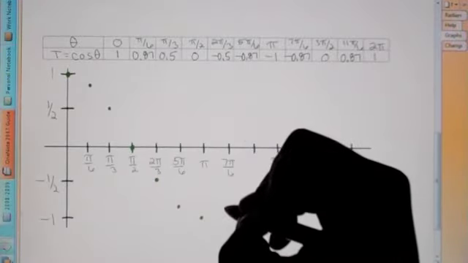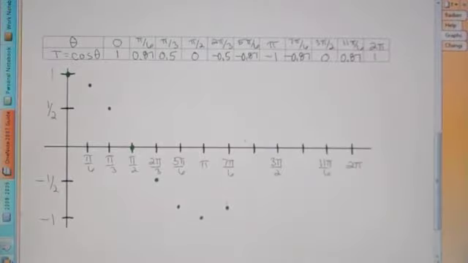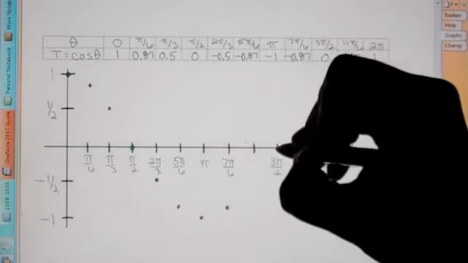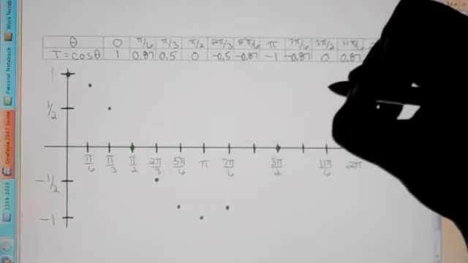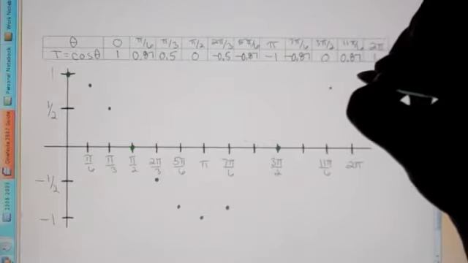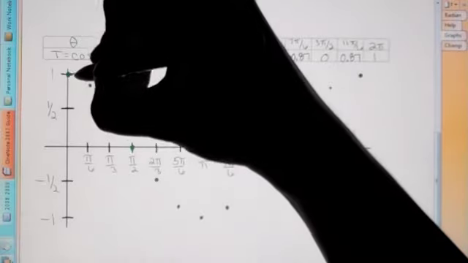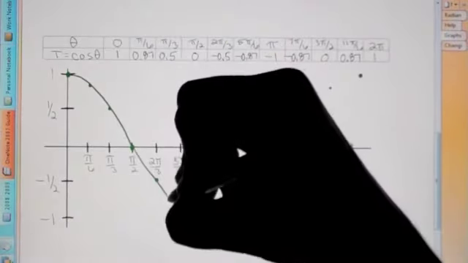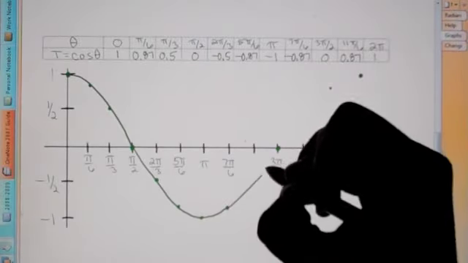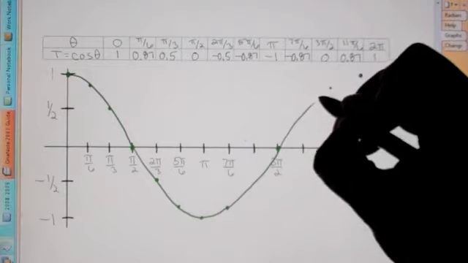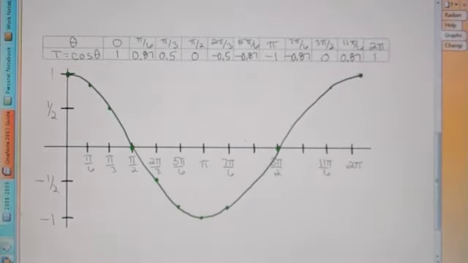Let's fill in the rest of the graph here. 3 pi over 2 says it's at 0. This one's going to be almost up to 1, and then this will be up at 1. So if we were to connect the dots, you notice this doesn't look exactly like sine, but it's still a wave. Really, it is the graph of sine just shifted a little bit. So this is what the graph of cosine looks like.